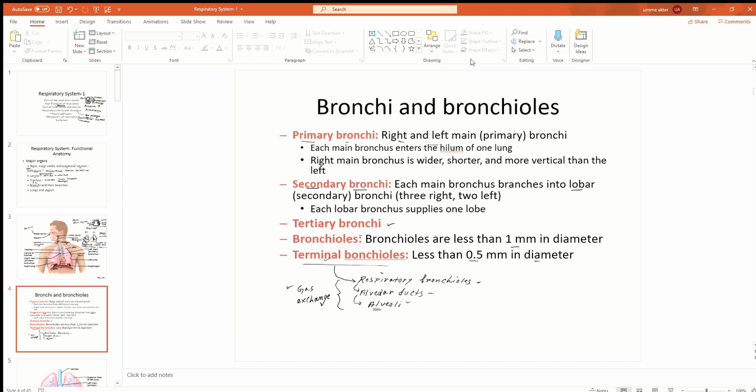All other structures from your nose, then pharynx, then larynx, then trachea. These are the structures, right?